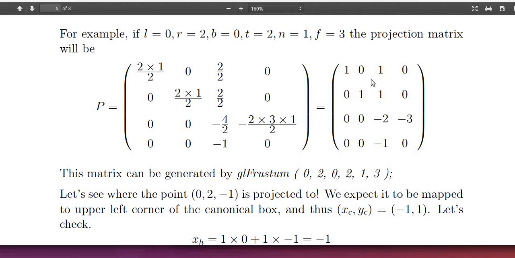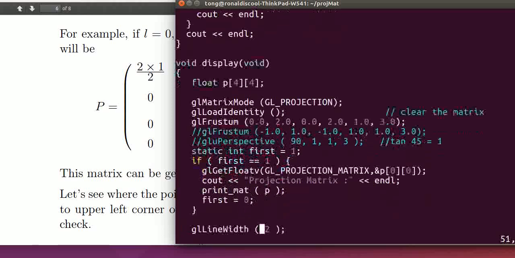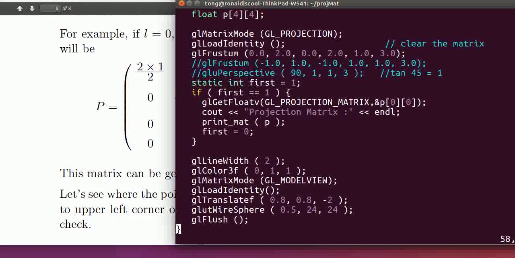We expect to have a matrix like this. So we get this projection matrix, put that into the 4x4 array, and then we print out this matrix when we execute display for the first time, and others are not relevant.